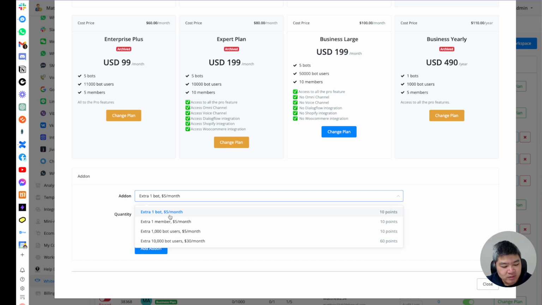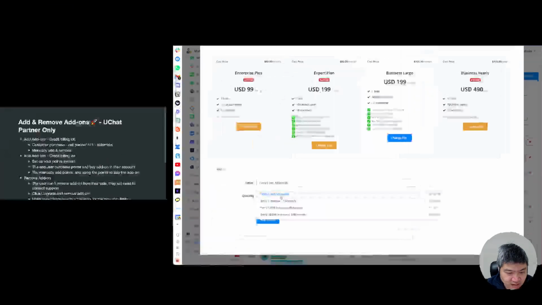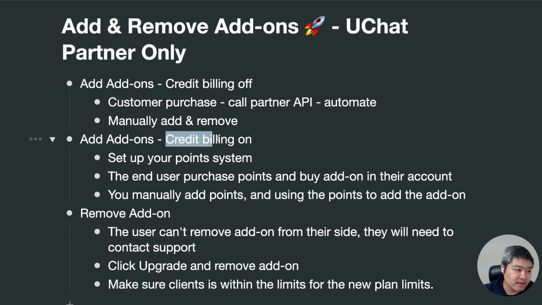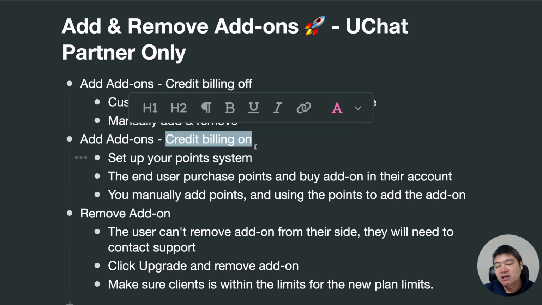Okay, so now let's talk about what happens if the add-on credit billing is on. First of all, you need to understand what's the point of having the add-on credit billing. The point is to let your customers handle this themselves.